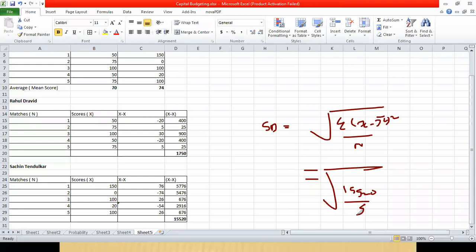How much is it? 55.71. Okay. So for player 1, standard deviation is 18.70, and for player 2 it is 55.71. Everybody is calculating this much? Understood?